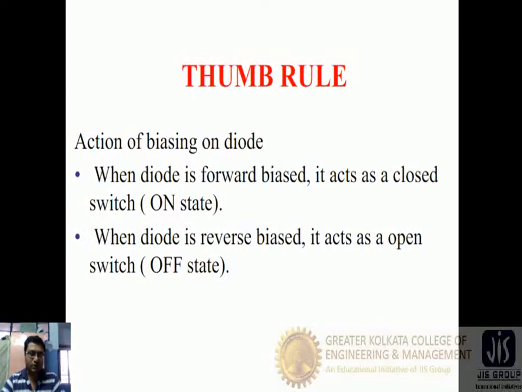And when the diode is in reverse bias, it acts as an open switch, an open circuit or open state. So these two are the main important things. We have to check the biasing of the diode, whether it is in forward bias or reverse bias. If the diode is in forward bias, it acts like an on switch, a closed circuit or short circuit. And when the diode is in reverse bias, it is an open circuit or open switch.